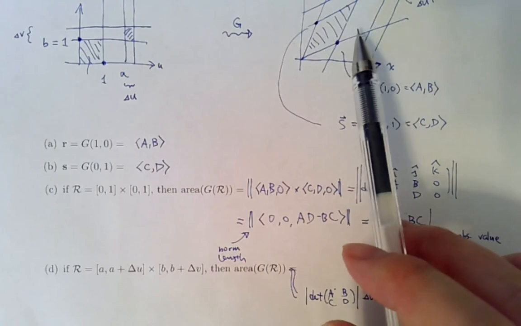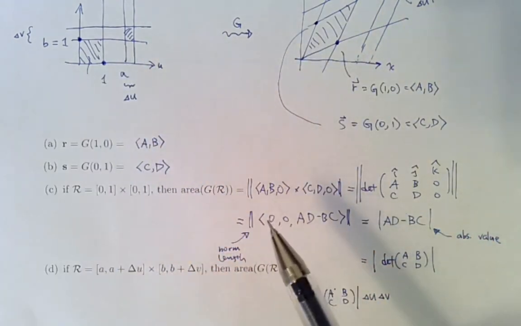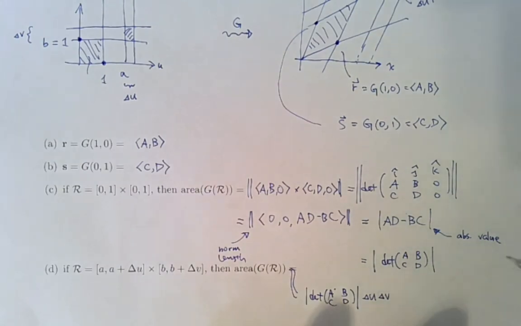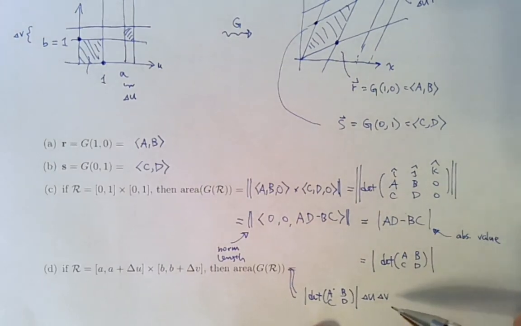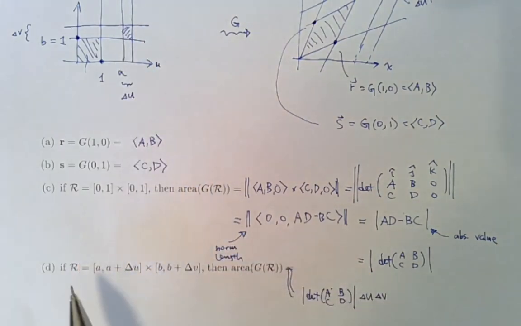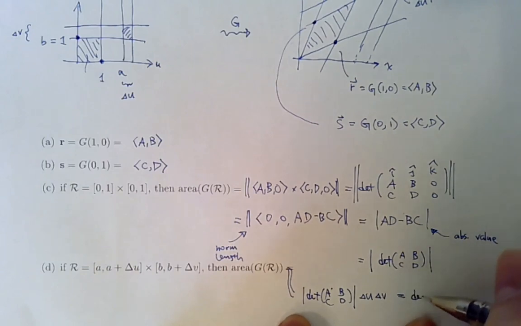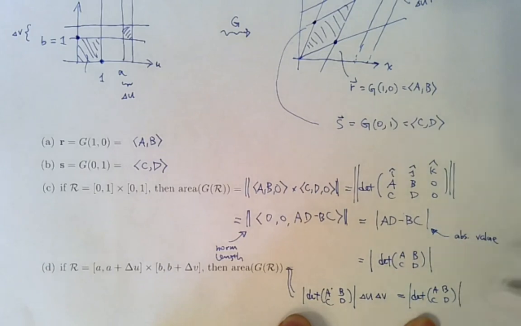If we have 2, then it will be twice as much. If we have delta U, then it's delta U as much, and so forth. And delta U times delta V, notice that's the area of the rectangle R that we are interested in right now. So again, we can write this as the determinant A, B, C, D in absolute value times the area of R.